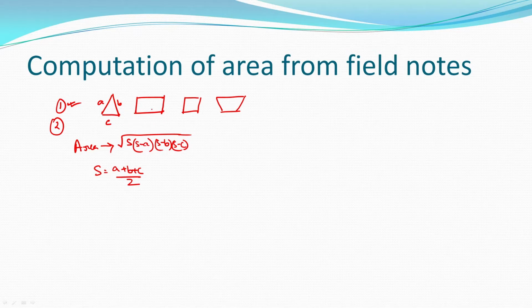And the area of the rectangle you know how to determine, simply A into B, and for the square it is A square, right? And what will be the area of the trapezium? If this particular distance is A and this one is B, and the height, that is the distance between the two parallel lines, is small d, then the area will be half into d into (A plus B).